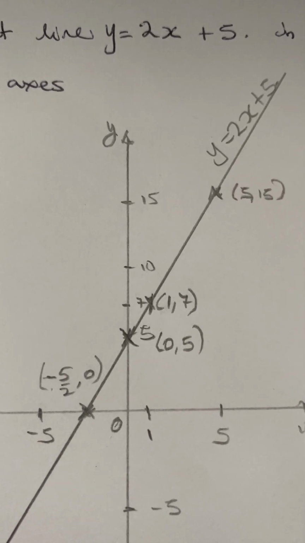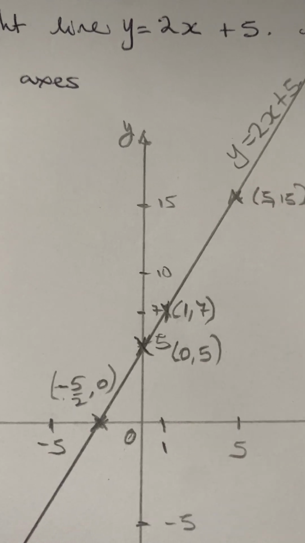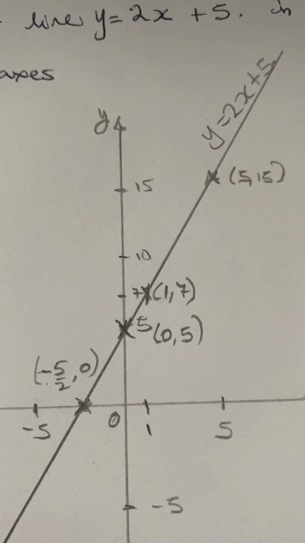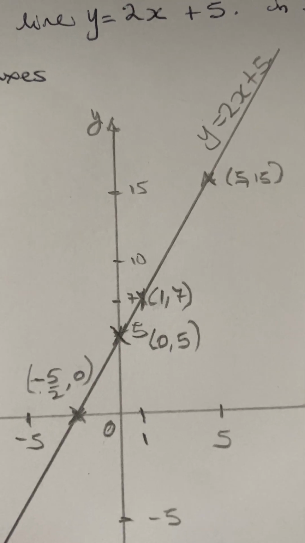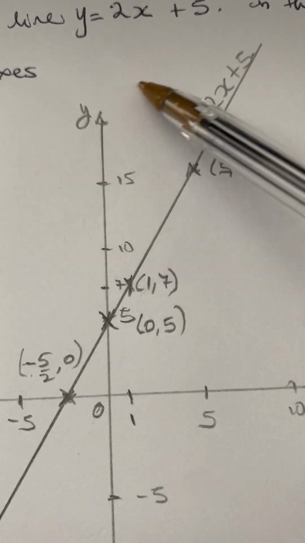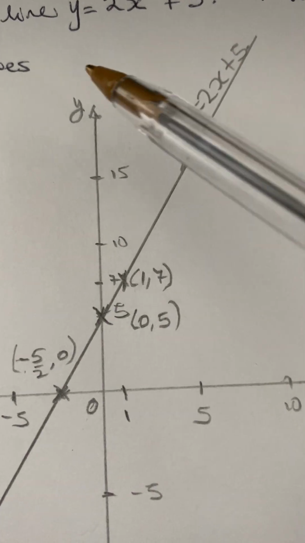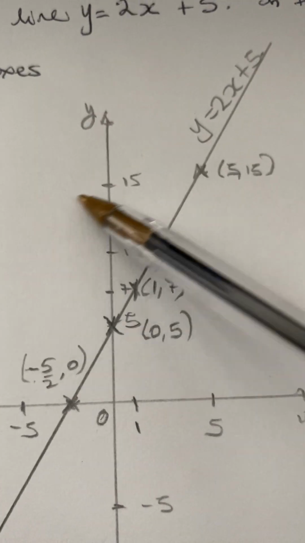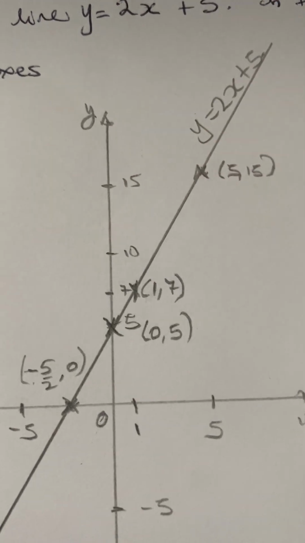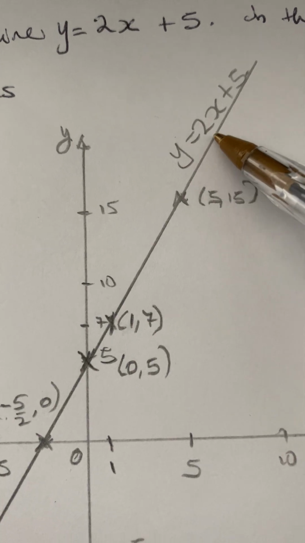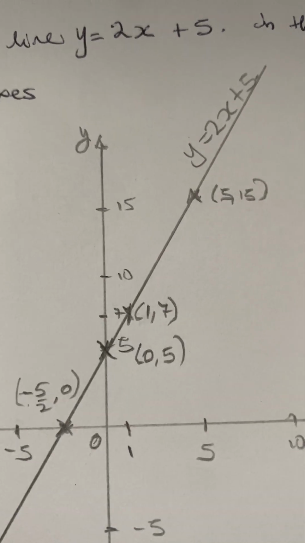Now you can use 3 points to do this under exam condition. You can still do 4 points, unless they give you a table of maybe x values, and you have to fill in the table using the equation you've been given here and use those points to plot.